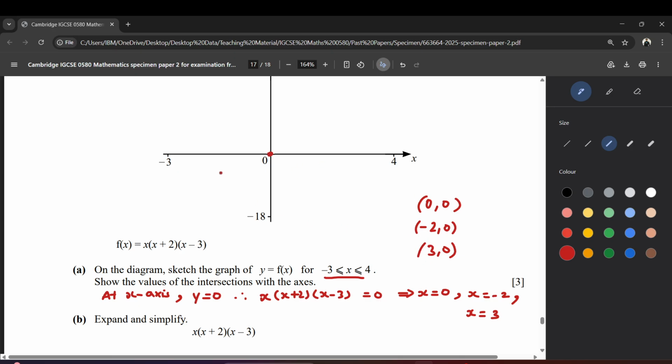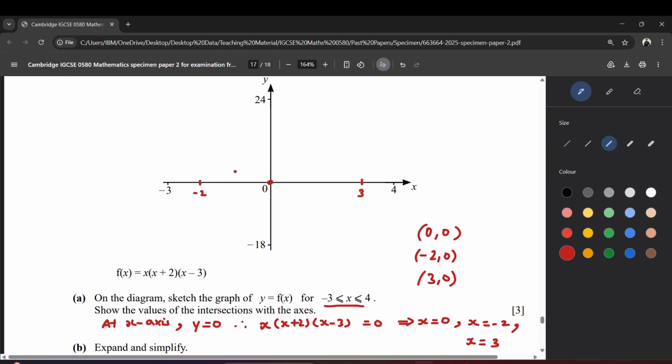Then (minus 2, 0). Okay, so this is minus 3, right? So this is minus 1 and minus 2 should be around somewhere here. And then we have (3, 0). So 0 and 4 are here. So at the center, this should be 2, and then at its center over here somewhere, this should be 3.